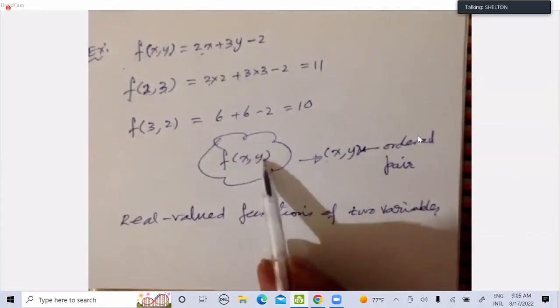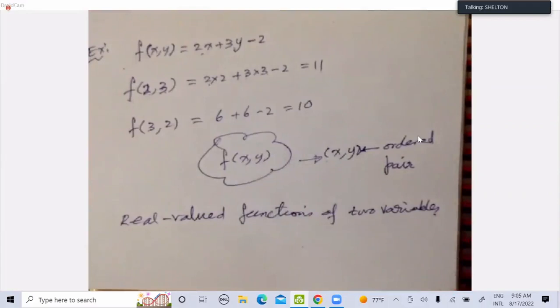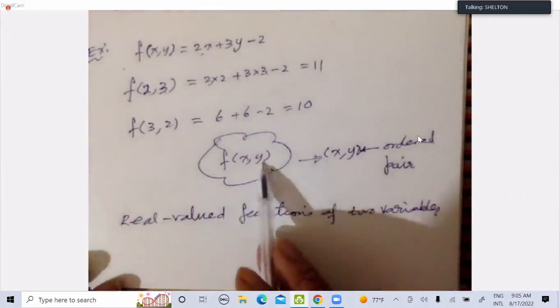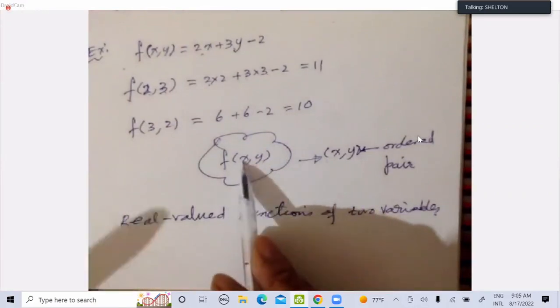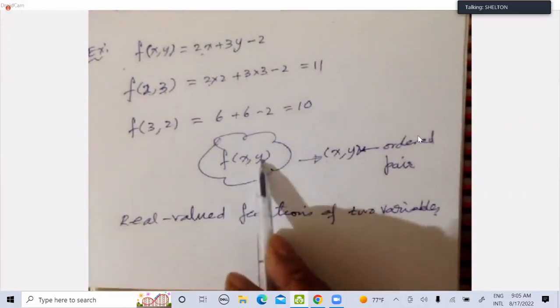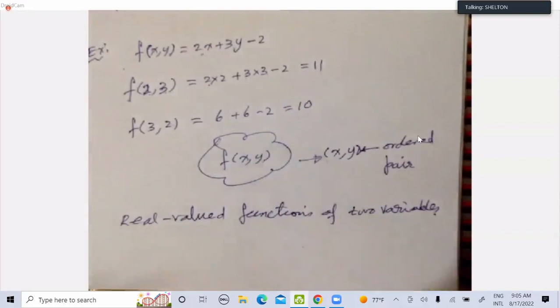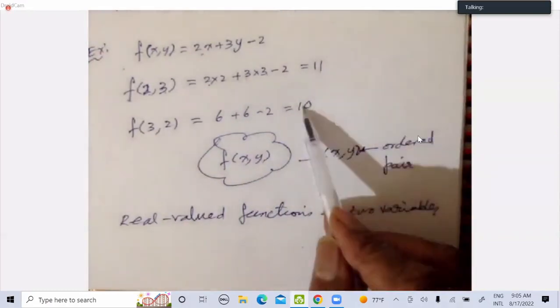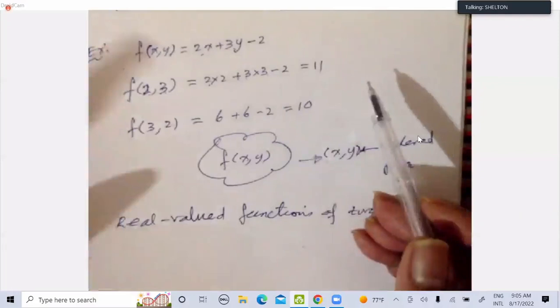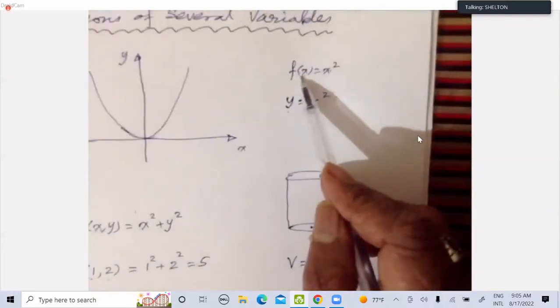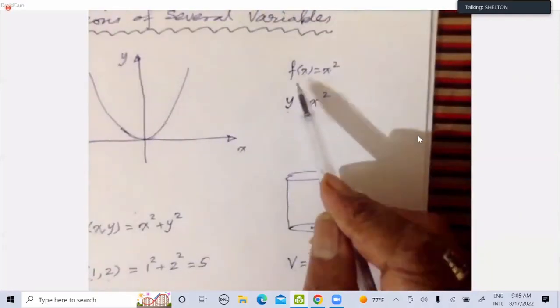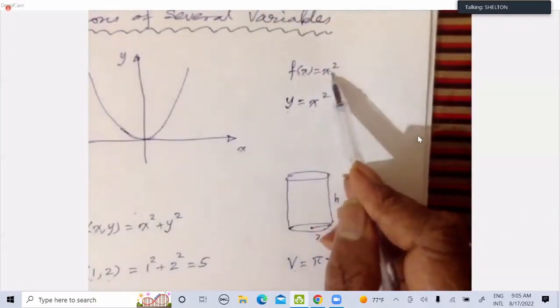Two real numbers are needed. An ordered pair, or two variables, are needed. So we have denoted them by x and y. So output should be another number. Earlier, one real number as input gave you one output.